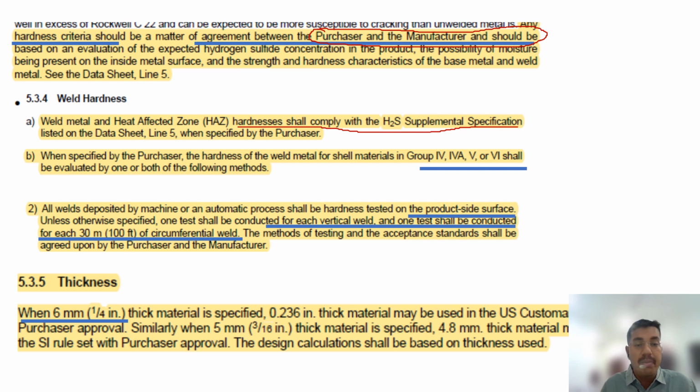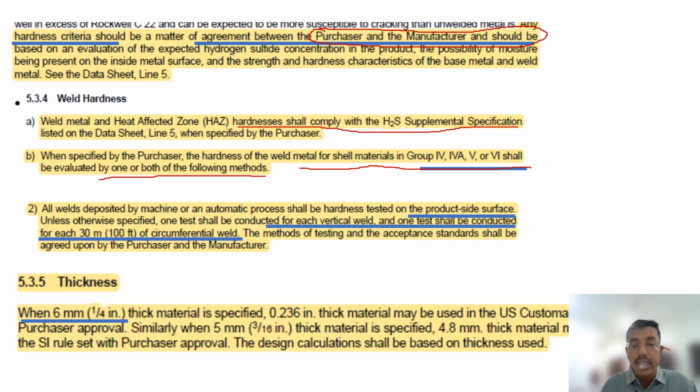When specified by the purchaser, the hardness of the weld metal and shell materials in groups 4 to 6 shall be evaluated by one of the following methods. Let's say they decide group 4 to group 6 have high-grade materials, we have to do the hardness. So what is the requirement?